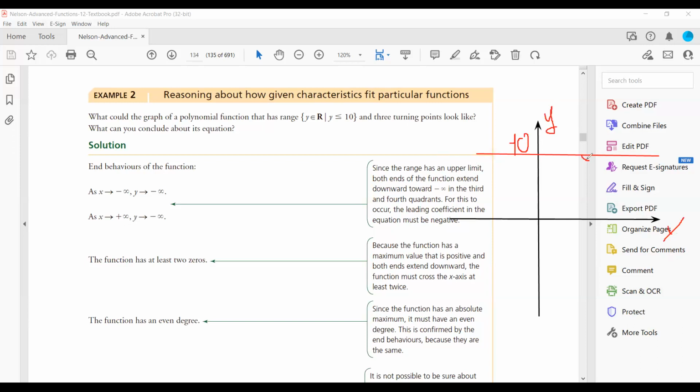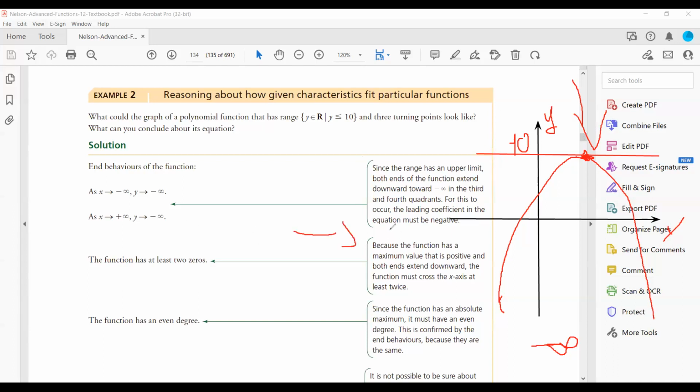And we know, in fact, that this graph starting from a positive value of y would go downwards because the end behavior says so. The end behavior states that y travels to negative infinity on both ends of the graph. And if at least one value of this graph is located in positive values of y, in order to get to negative values, it will have to cross the coordinate axis for x. So we're going to have at least 2 zeros in this function.